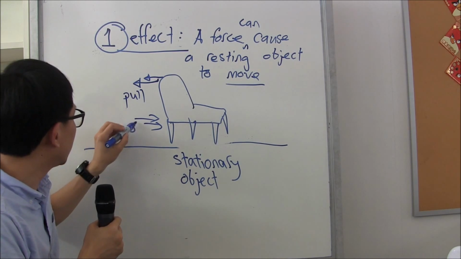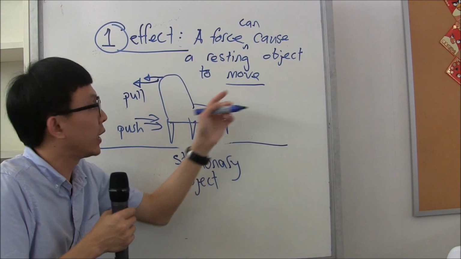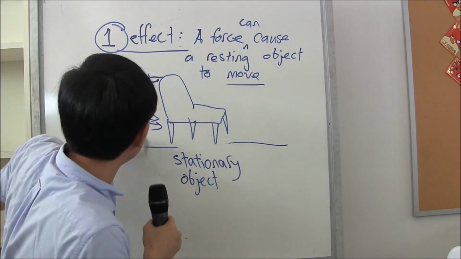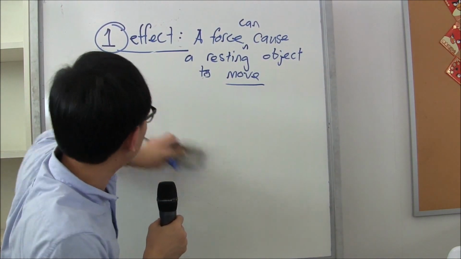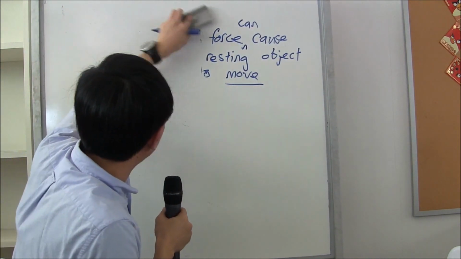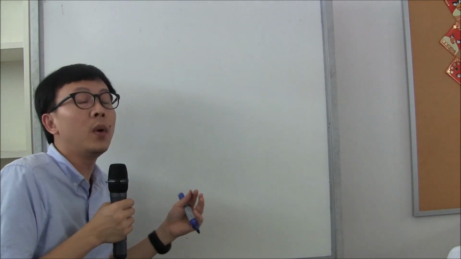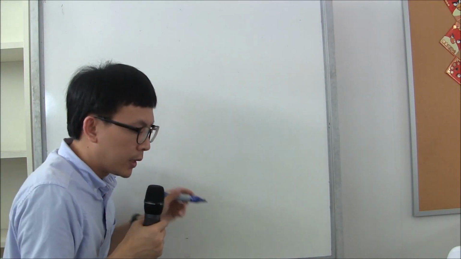Remember, a force is a push or a pull. Basically, a force can cause a resting object to move. That is the first effect. Now I'm going to quickly move on to the second effect. Not that difficult. This unit is actually quite short. If you can remember the 4 effects of a force, and if you know what a force is, you have covered chapter 1 itself.